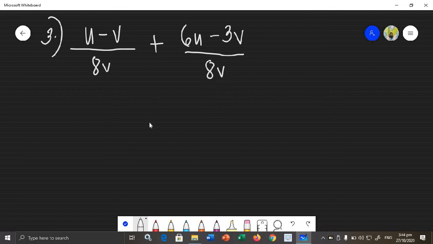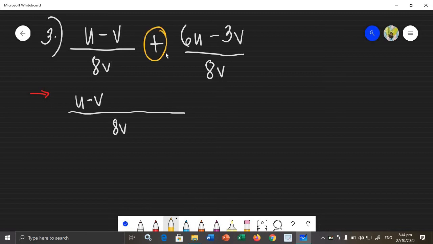So again, they have similar or same denominators, and we need to write them over a single denominator. So, over 8v, and then I'm going to write this u minus v, and then I'm going to distribute the sign. Positive times 6u, that is positive 6u. And then positive times negative 3v, that is negative 3v. Okay?